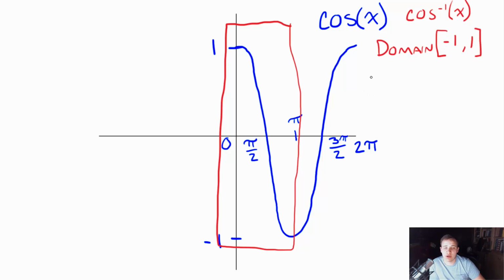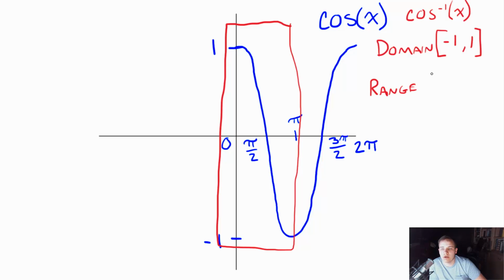Again, with brackets to include those numbers because they do actually touch. And where do we go on the x-axis? Well, we go between 0 and pi, because at pi it's all the way down at -1. At 0 it's all the way up at 1. So those are all of the values. So that's how we figure out what the range is going to be.